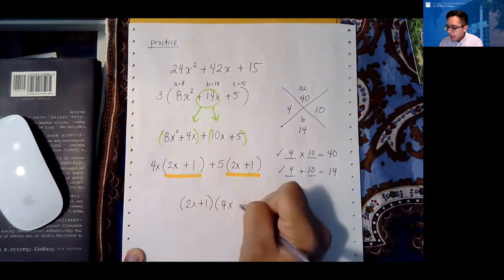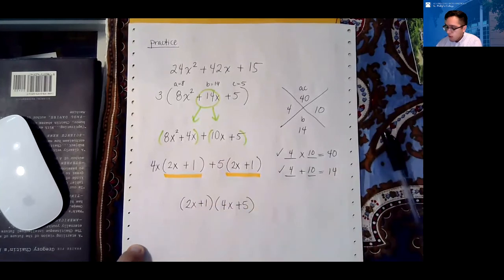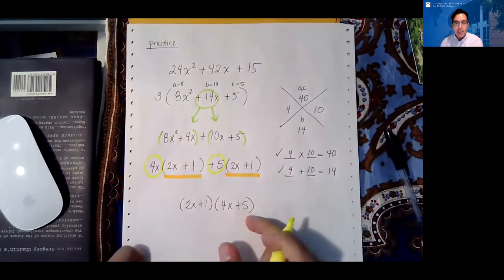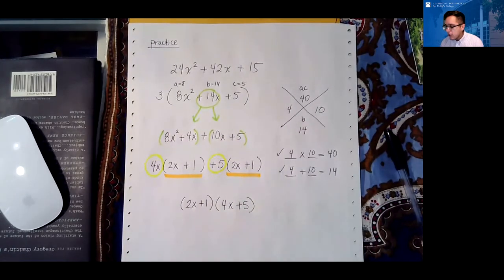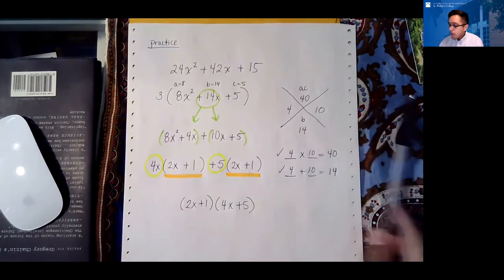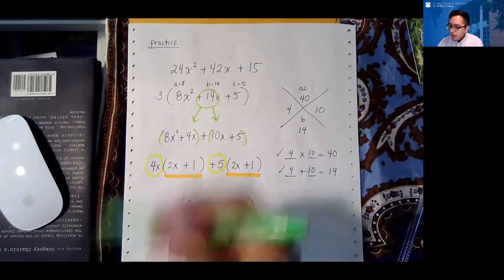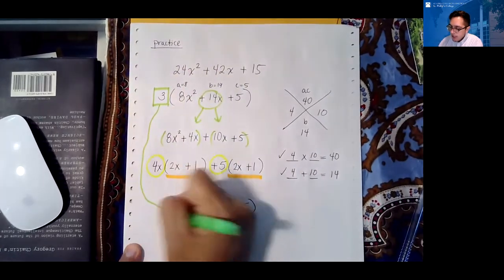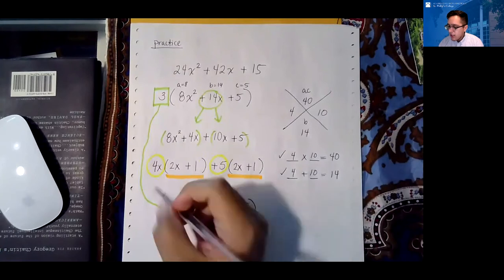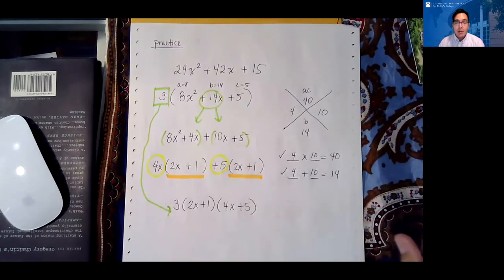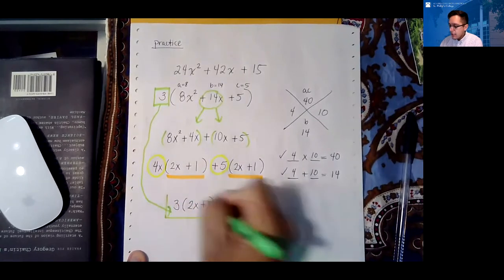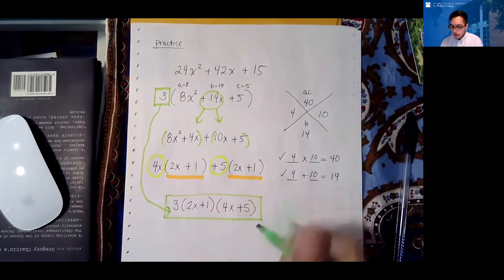And then the 4x plus 5, which were these two factors here and here, become your second factor. So that should be good. But we cannot forget that at the very beginning of this problem, we factored out a 3. And if you do not include the 3 as part of this factorization, then you've left a crucial part of the problem out. But in any case, this is now our fully factorized trinomial.